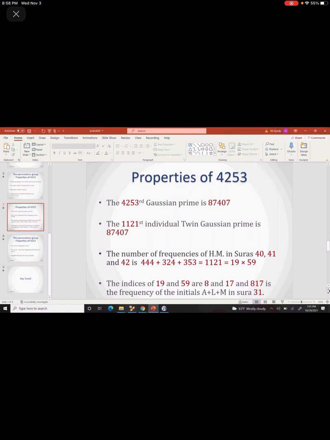By the way, this 4253 is only for the Hafs version of the Quran. It doesn't work for the other one. The Warsh version of the Quran has 50 verses in chapter 42, because the way they structure the verses is not correct. This tells you which version is correct.